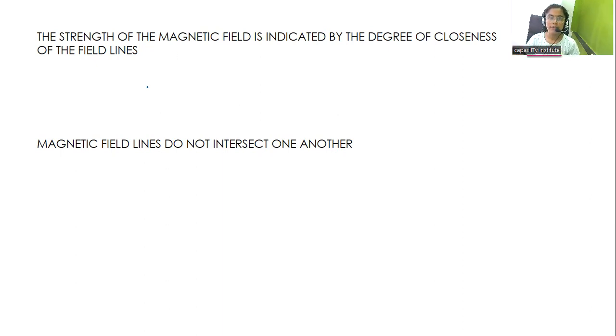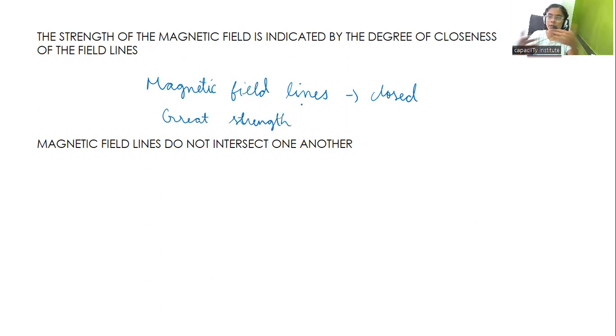If the magnetic field lines are close, then they have very great strength. How close they are, the degree of closeness, determines the strength of the magnetic field.